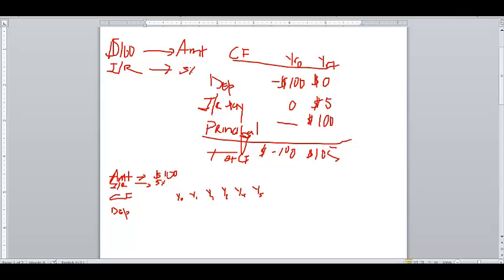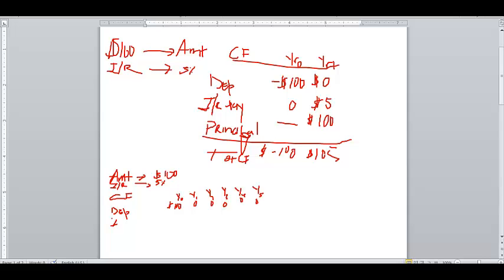Remember, it was $100. Okay, that's $100, and so there's nothing here, because keep in mind that once you deposit that money, you're depositing the $100 just one time, not 5 times.